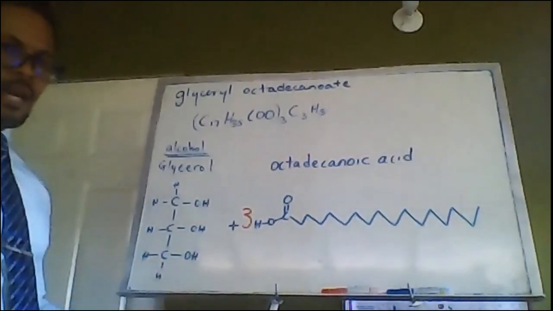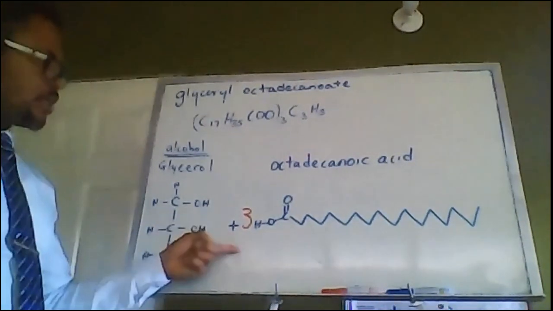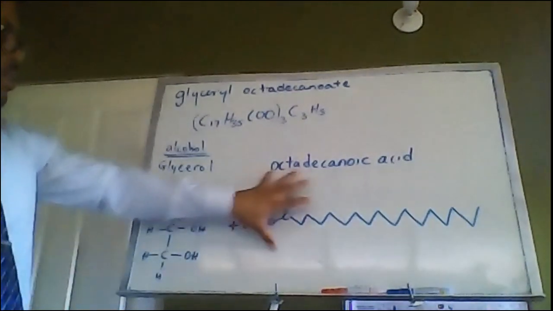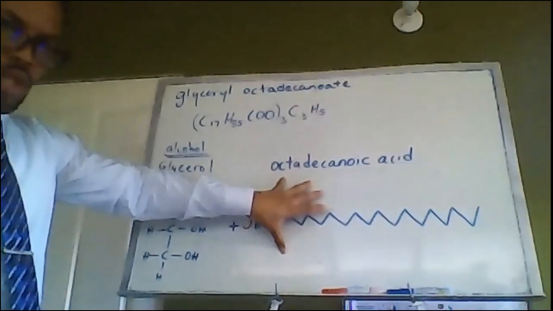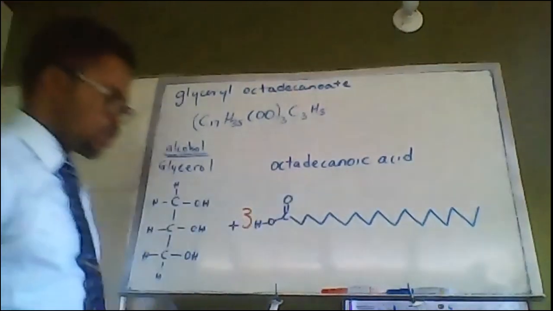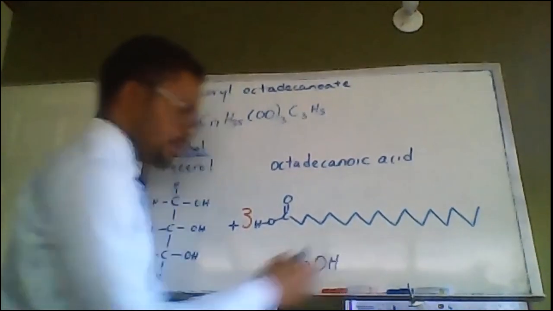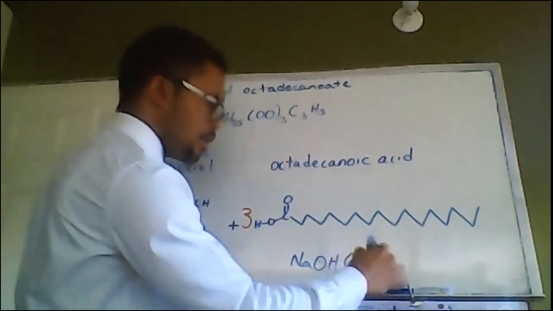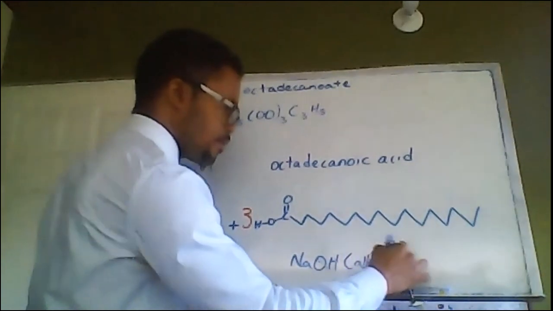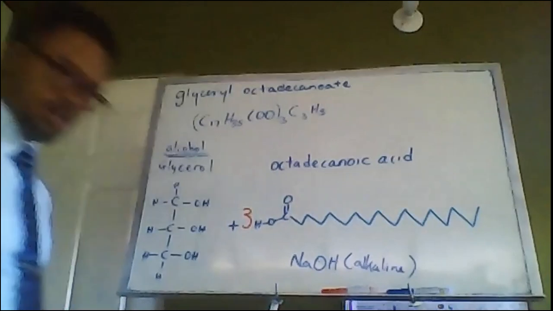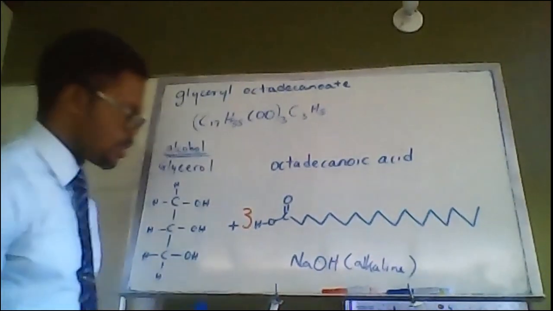Okay? And where this is concerned now is the second portion of the alkaline hydrolysis, which now has sodium hydroxide present, which is alkaline, which we refer to as a base as well, one of the bases that is water soluble.